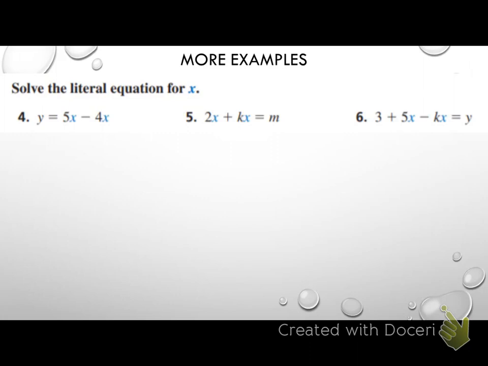Do we have any like terms we can combine? No. What do I need to do? This one's a tad different from those other 2 that we saw. There's one step I've got to do before I factor out an x.